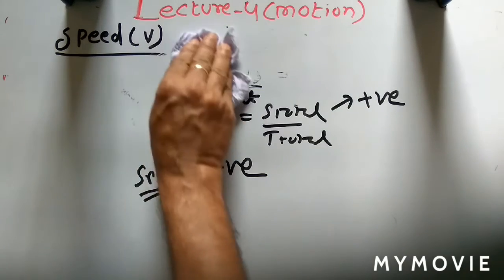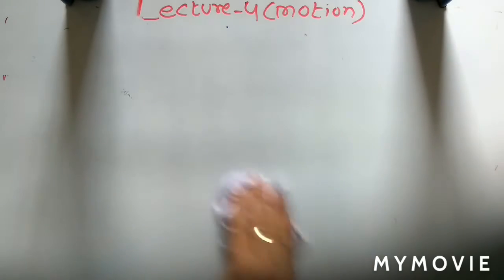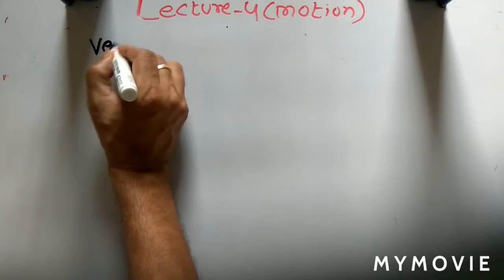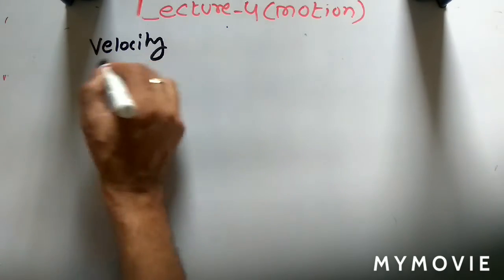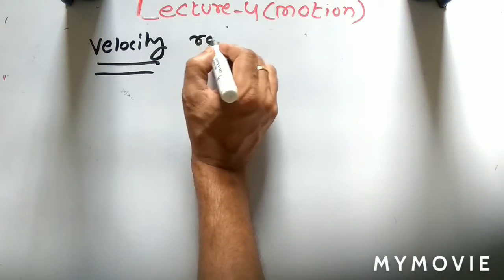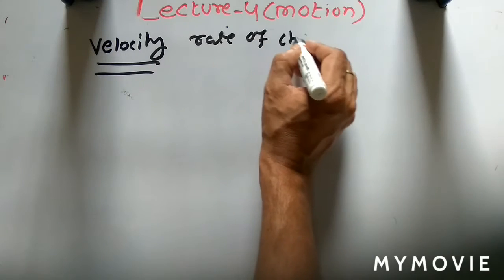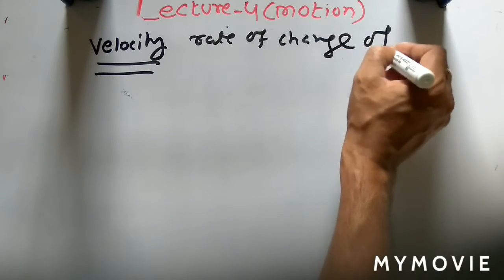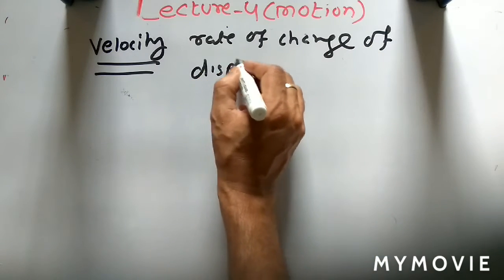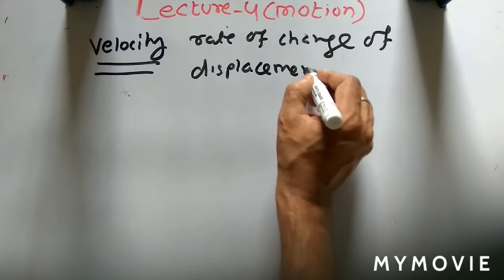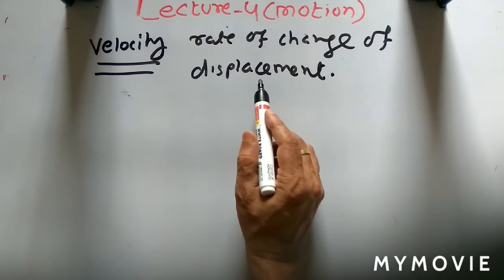Now we will start velocity. So what do you mean by velocity? Velocity is defined as the rate of change of displacement. But what is speed? Speed is the rate of change of distance.